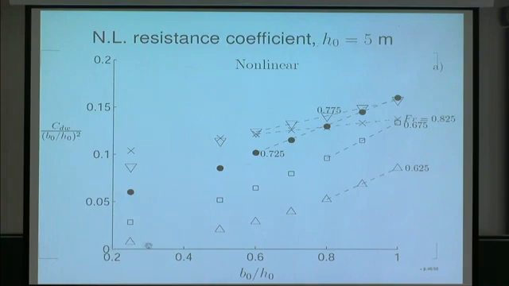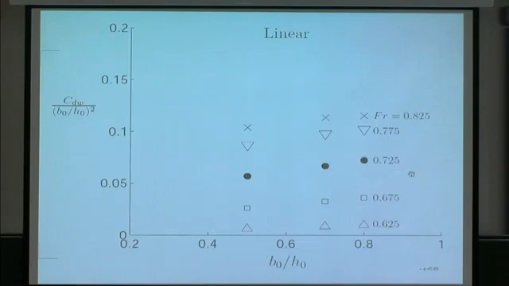So you increase the draft of the ship, and then when you do this ratio here, it's almost like a linear function. But the smaller the Froude number gets, the more troublesome it is. Yeah, and the linear theory for the small Froude numbers is simply giving about 0.